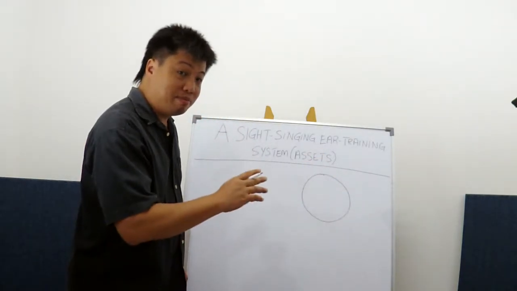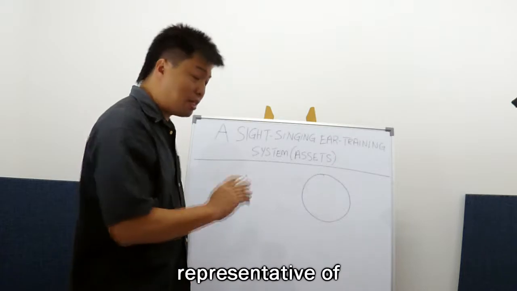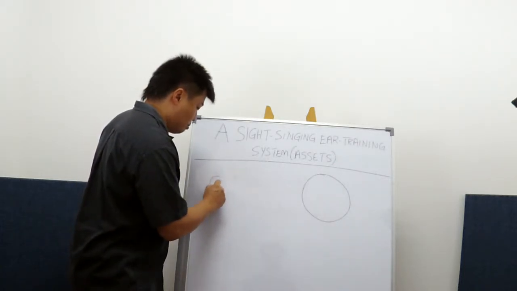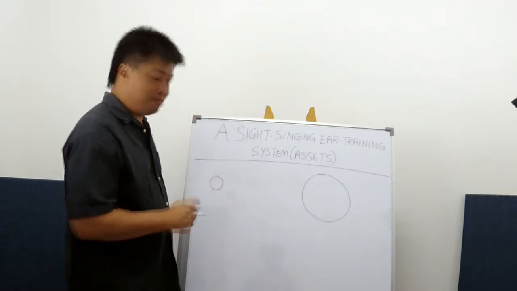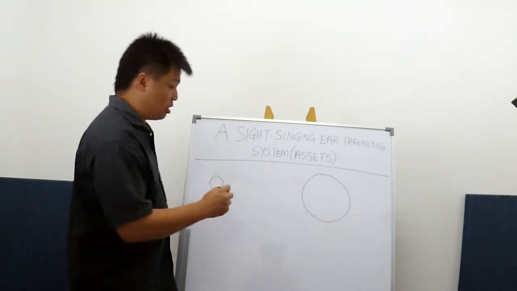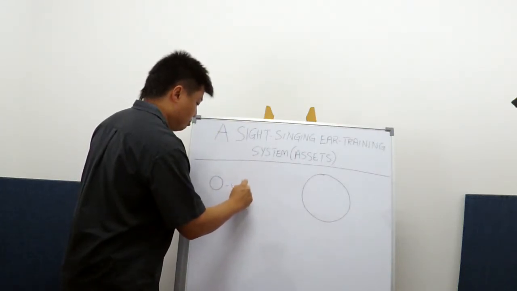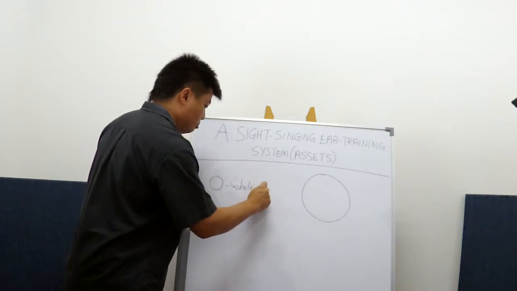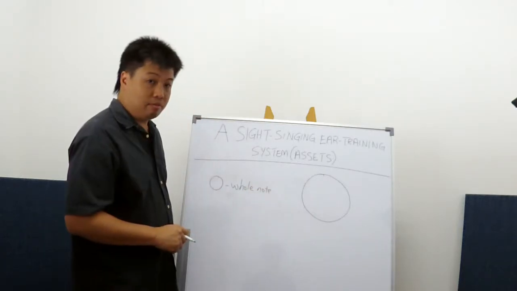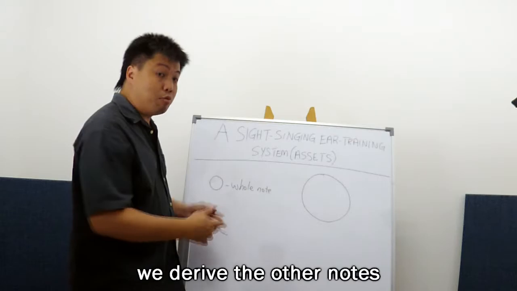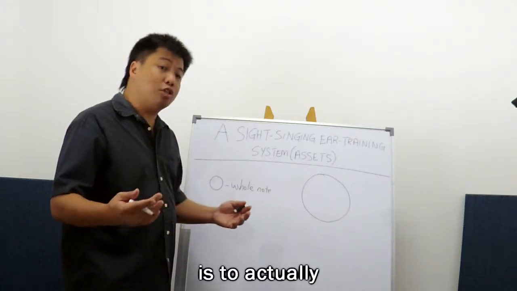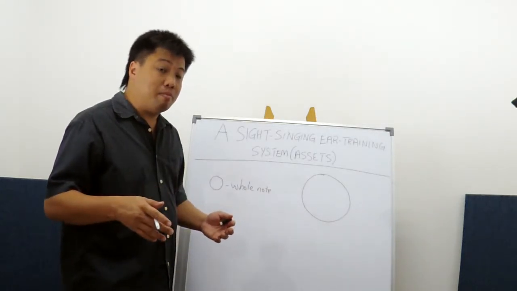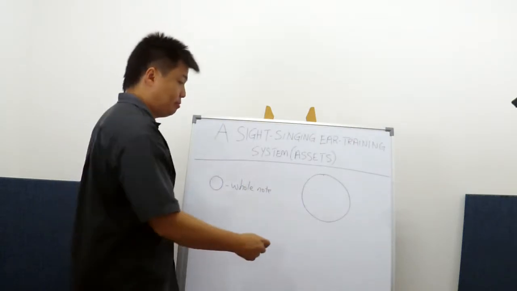This pizza is representative of a note like this. This will be called a whole note. And the way we derive the other notes is to actually divide them proportionately by 2.